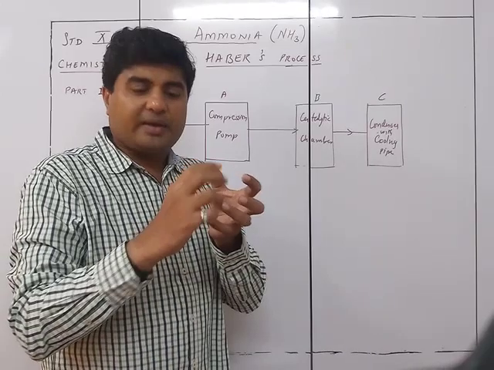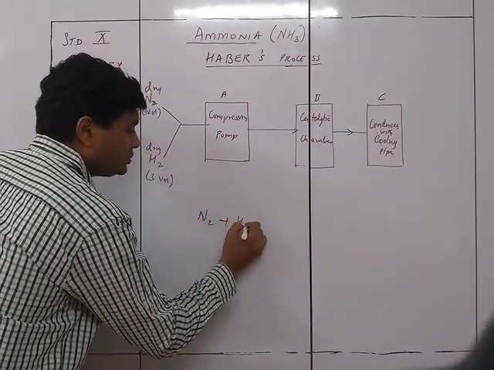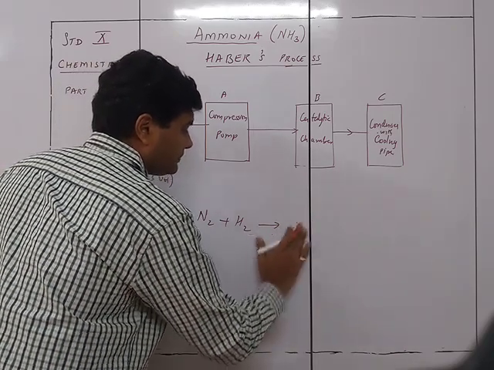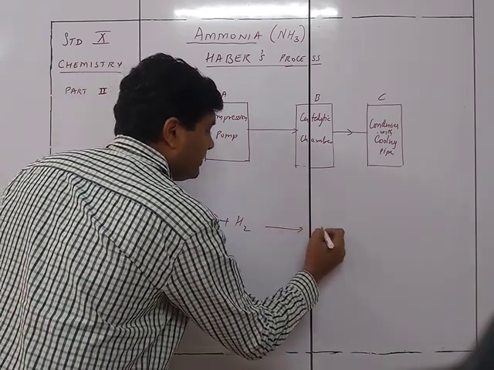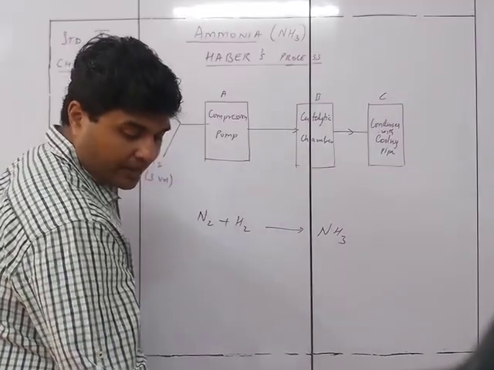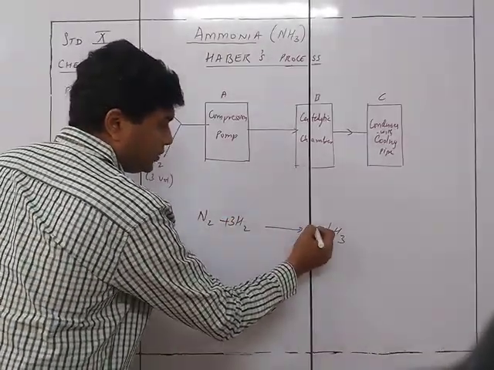In the catalytic chamber, the reaction is going to take place: N2 plus H2 will give me NH3, where there will be a 3 over here and a 2 over here.